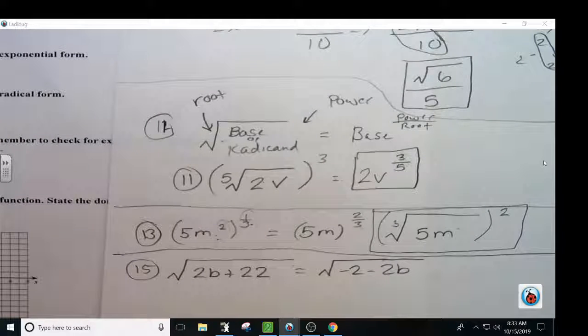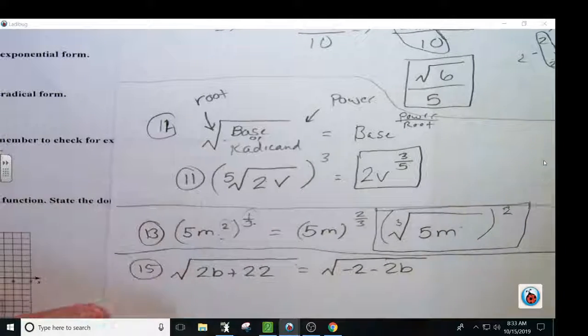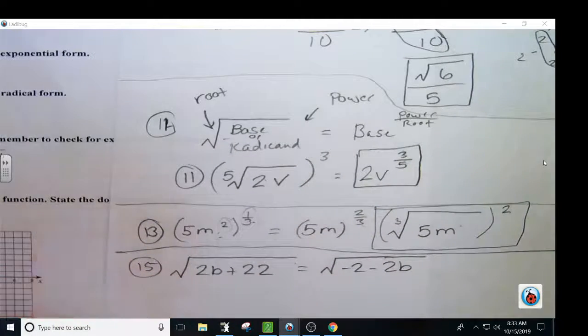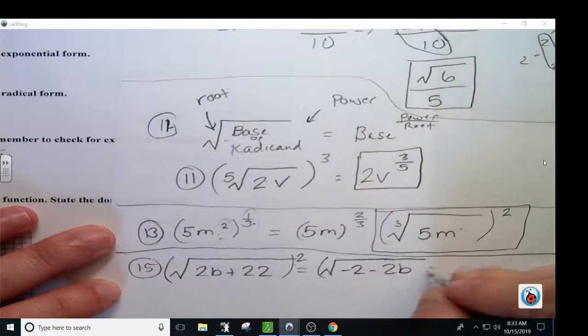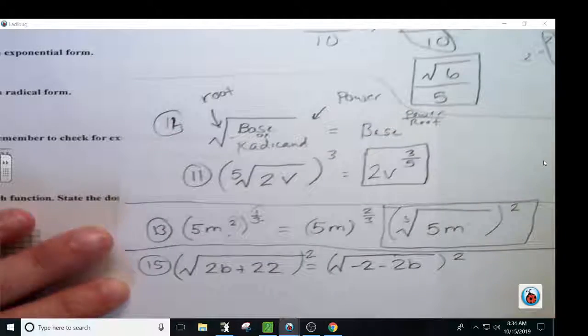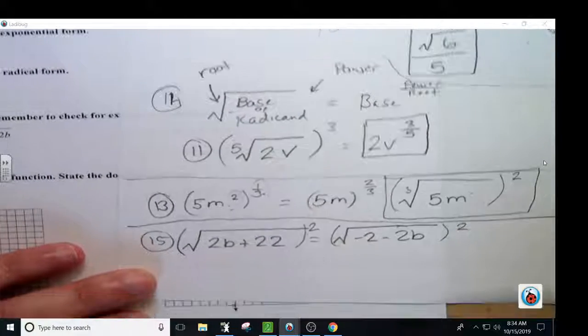What are we solving for? The value of b. That's what we're solving for. Now, if we notice, guys, both of our b's are underneath radicals. How do I get rid of a radical? Square, right? You're going to square both sides.